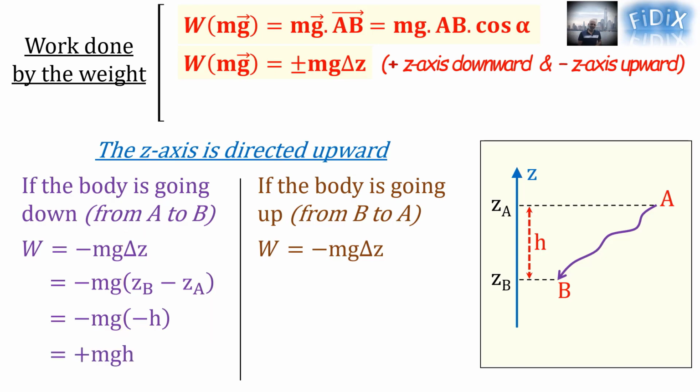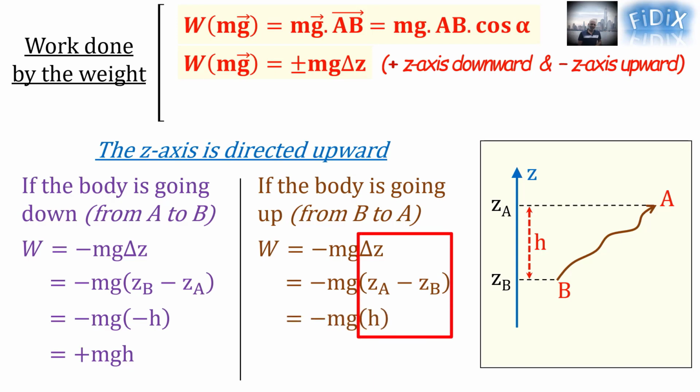The result is W equals plus mgh. If the body is going up from B to A, delta z will be equal to za minus zb. This gives delta z equals h, since as we said, zb is less than za. The result is W equals minus mgh.